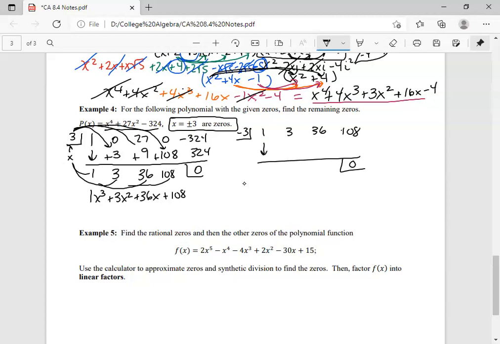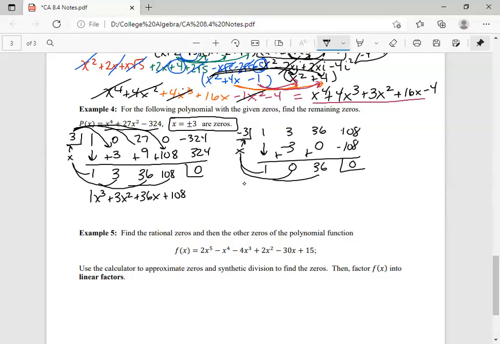So I'm going to bring down the 1. 1 times -3, -3. Add these, you're going to get 0. 0 times -3 is 0. Going to bring down the 36 because 36 and 0 is 36. 36 times -3, -108. 108, -108 is 0.